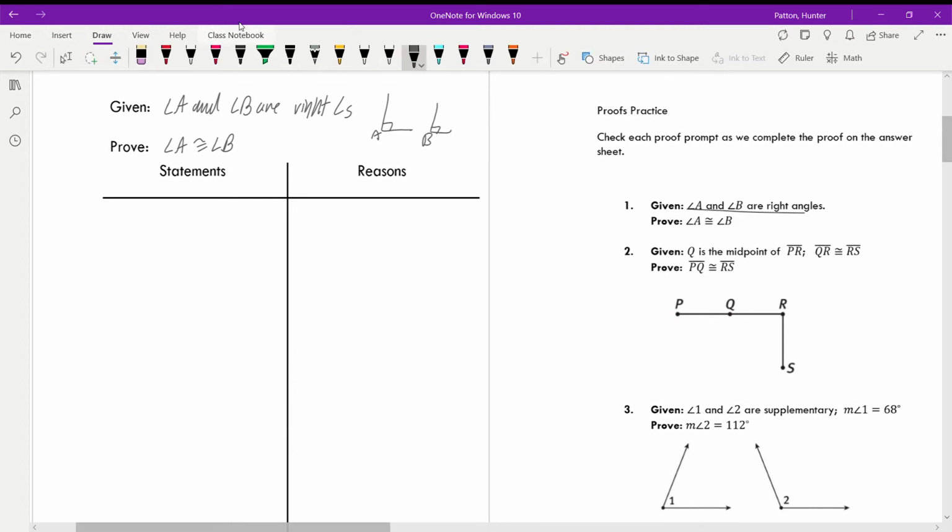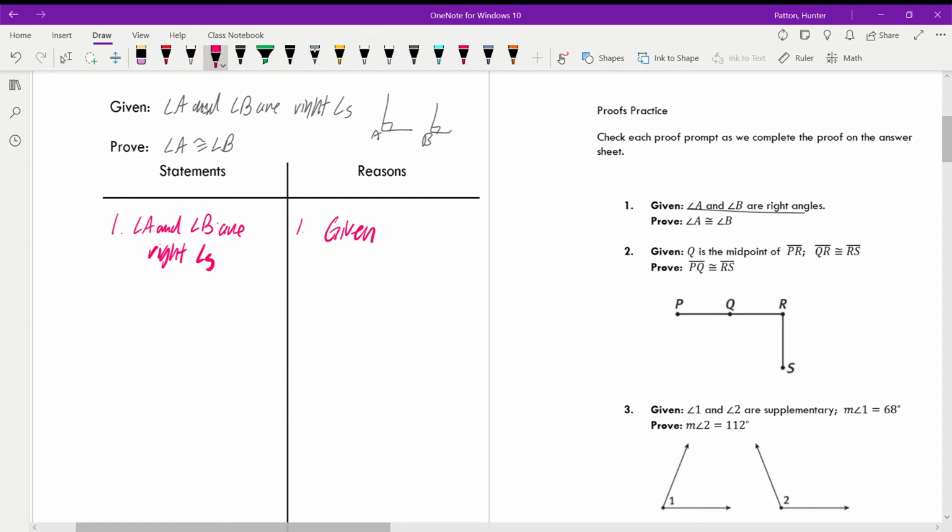I'm going to go to a different color here. So if angle A and angle B are right angles, that's our given.